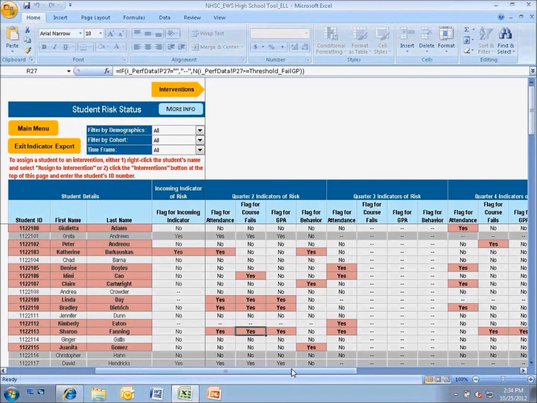What you really need to remember to do is to break down the data into manageable pieces, because as an aggregate, it's just very difficult. So this report has been designed to allow you to do so, again, by those demographic categories for students that I mentioned, the cohorts, whatever kind of cohort variable you want to create, and also by the time frame, whatever grading periods are in use in your school.